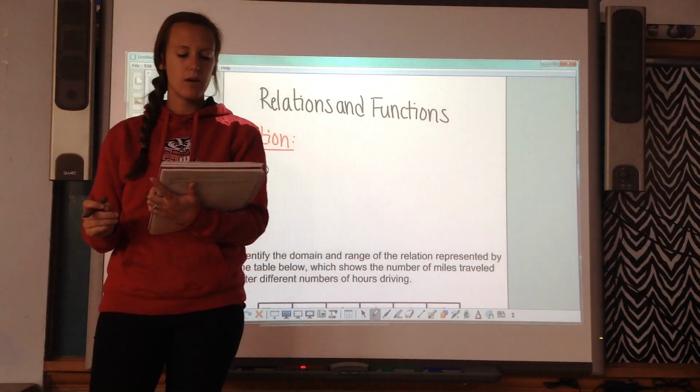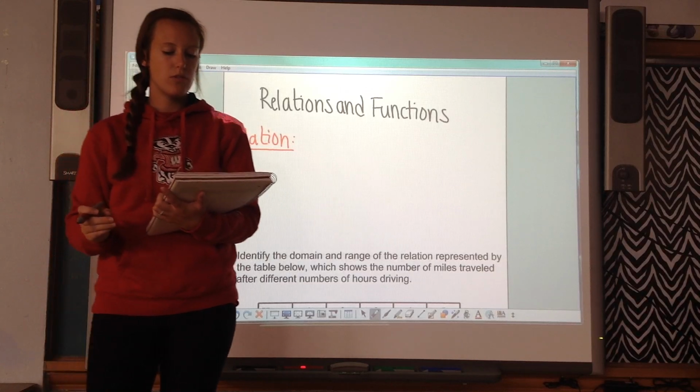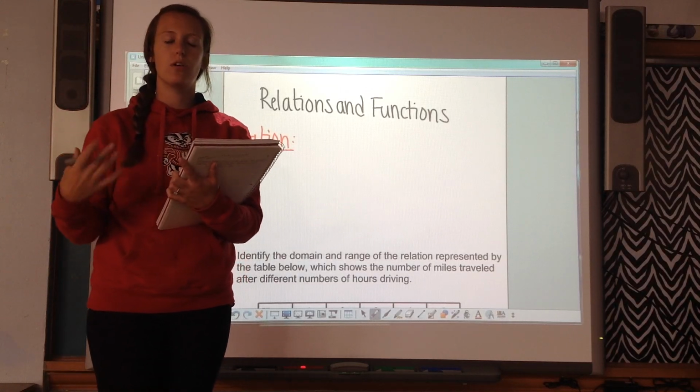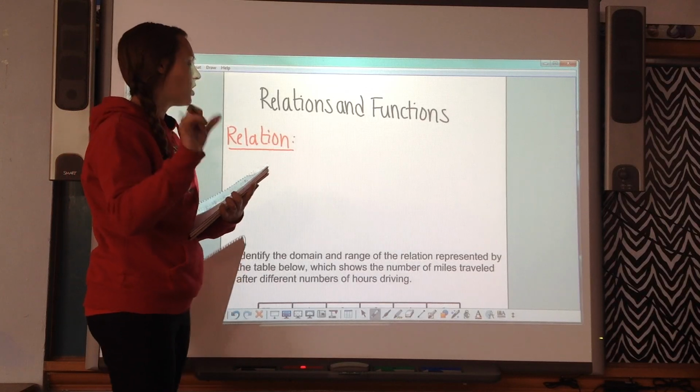A relation is a pairing of numbers in one set with numbers in another set. And I'm also going to let you know two ways to call those sets.